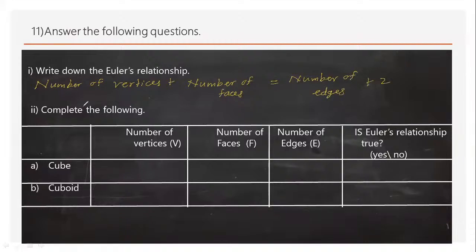This is Euler's relationship: V plus F equals E plus 2.